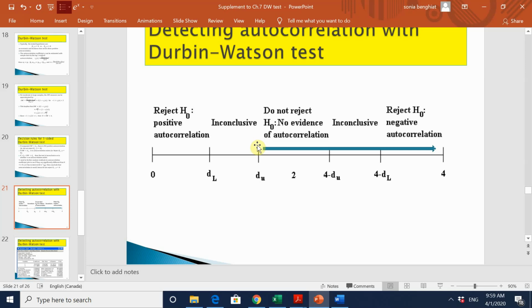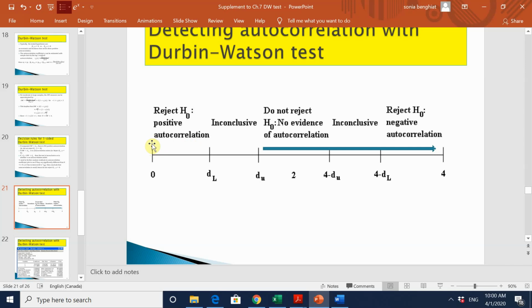Should my Durbin-Watson statistic be less than the lower limit of the critical Durbin-Watson value, then in this case I conclude that there is some positive autocorrelation between two consecutive error terms, and hence I reject the null hypothesis.